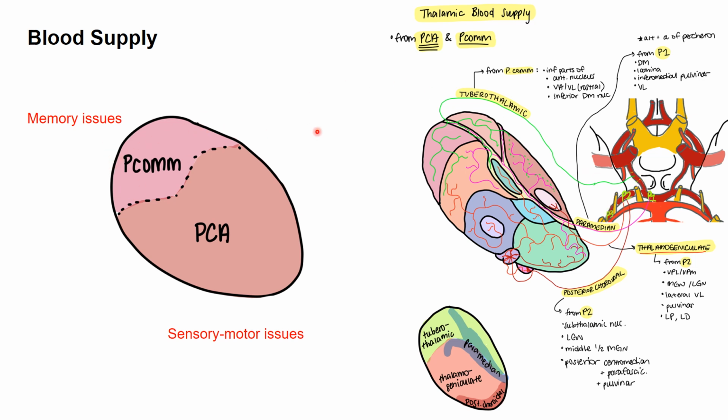So if you were to lose tuberothalamic input, you're going to cut off blood supply to this anterior part. And just like we know the anterior nucleus is memory, if you took that off, you'd have memory issues. If you take off PCA supply, you're losing basically everything else. So you'd have maybe okay memory, but you'd have some sensory motor issues. Anything else that you can find in the function of any of the other thalamic nuclei would be taken out with that.